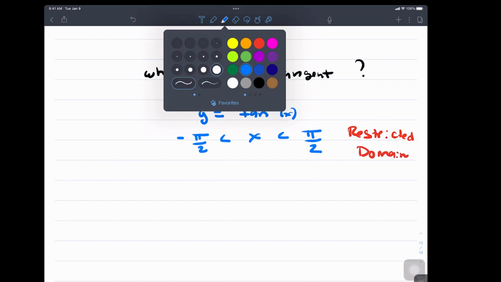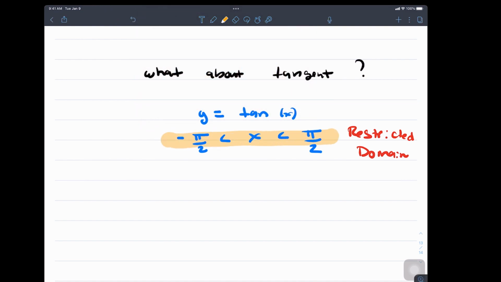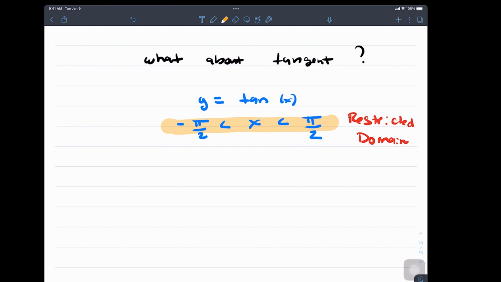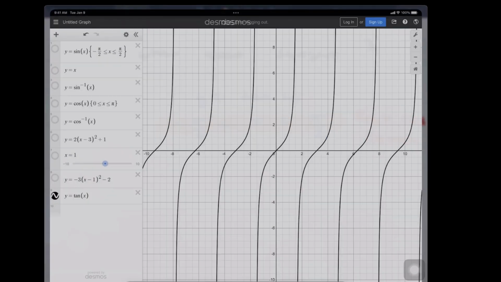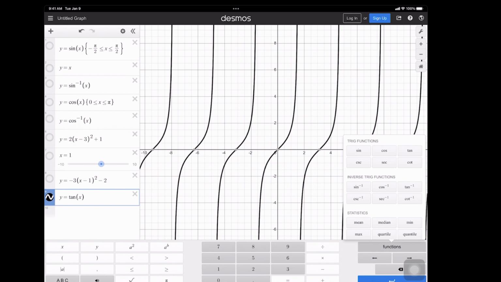So I'll color this thing orange like I do. Orange is our domain, I guess. Now, what's the range, though? You guys know what the range is when you look at this? Because I'm going to restrict this domain here. Let me do that here. Where do we go? No, not functions. We go over here.